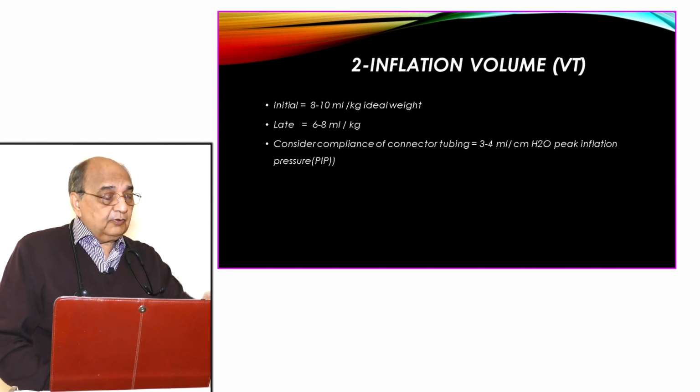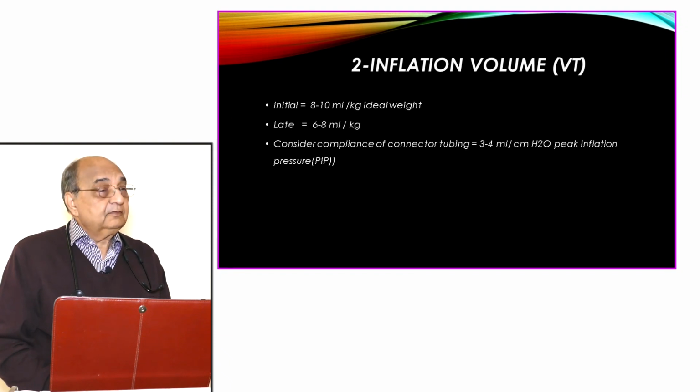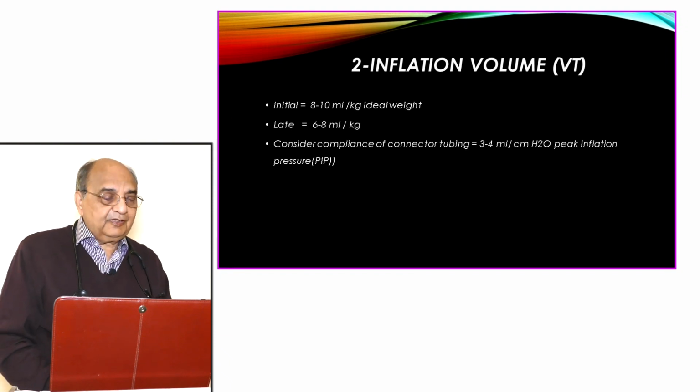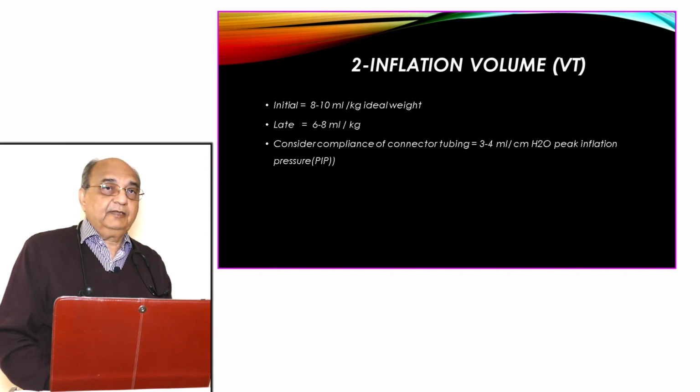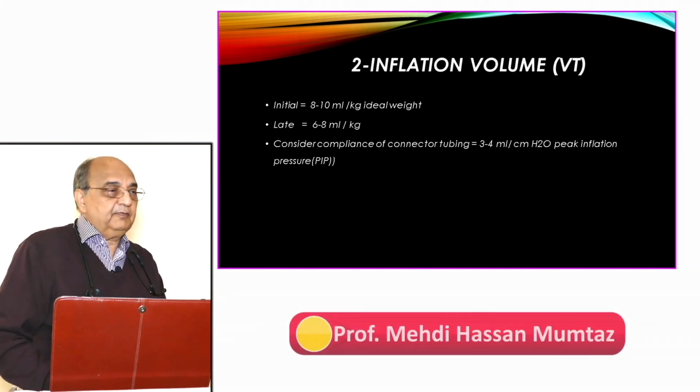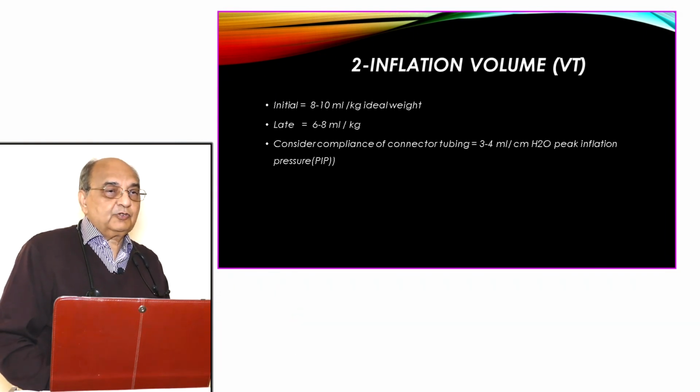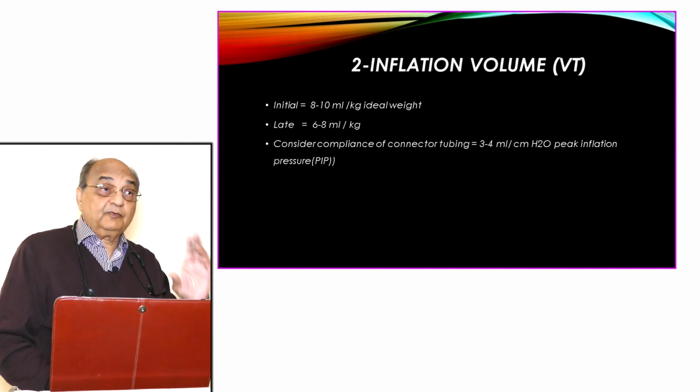Initially, we put a little bit on the higher volume, 8 to 10 mils per kilogram of body weight. So if the person is 70 kilogram, suppose you want to put on 8 mil, it should be 70 into 8. That should be the volume, that is your targeted volume.